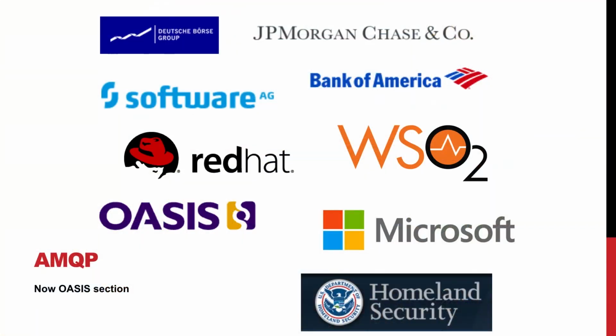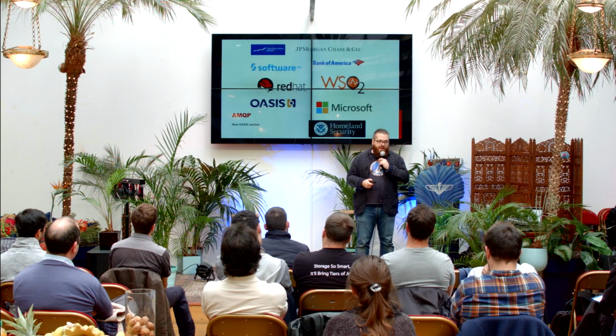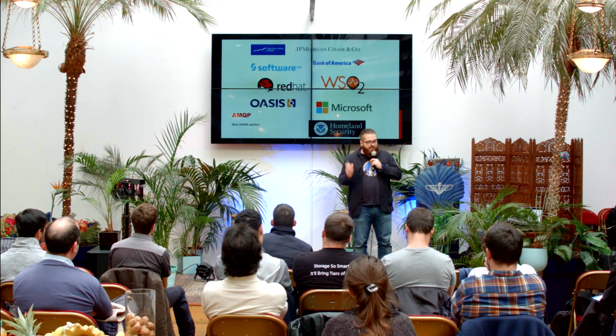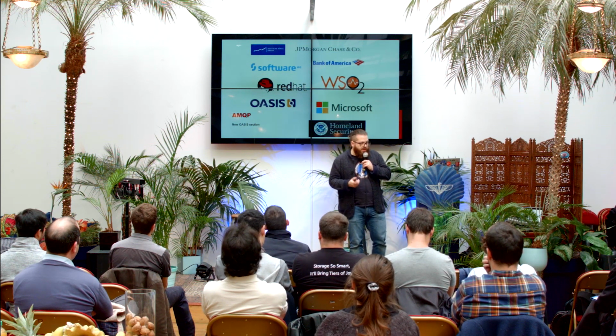So they created AMQP with other banks, like the Dutch Bank and the Bank of America, and other users like Homeland Security, and many implementers like Software AG, Red Hat, WSO2, Microsoft.